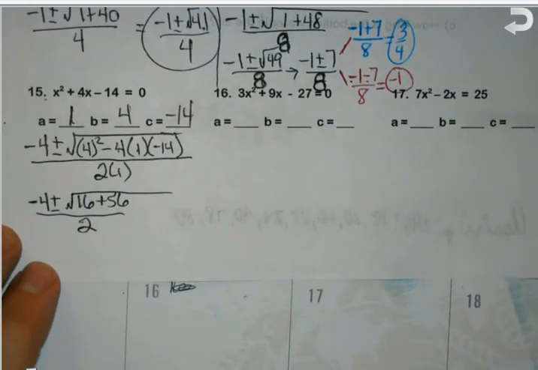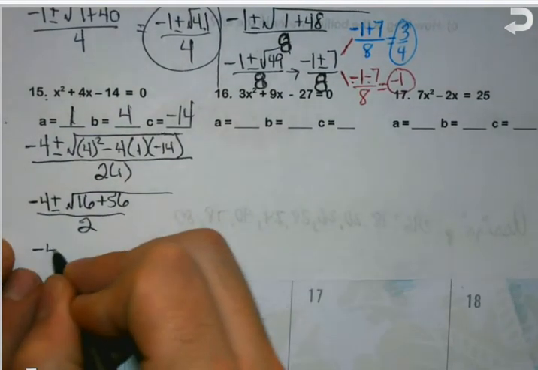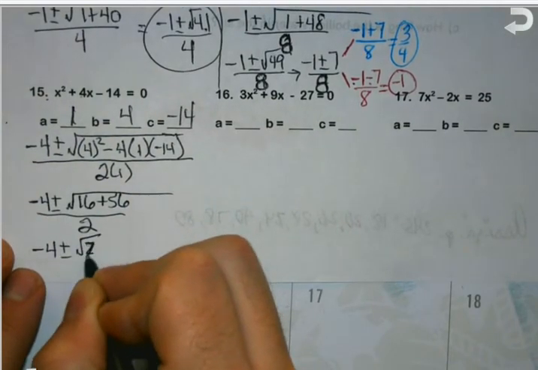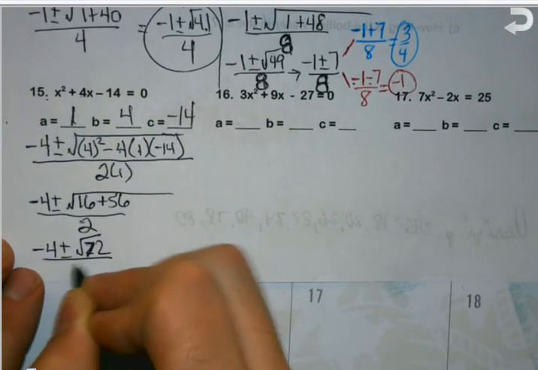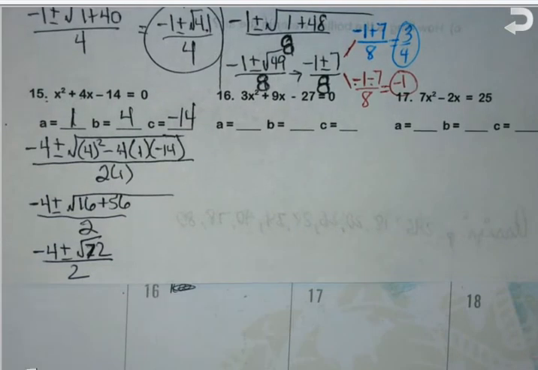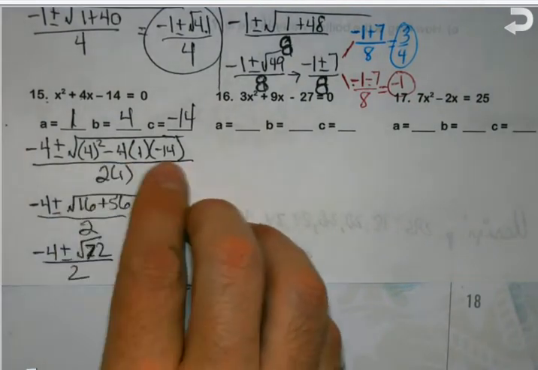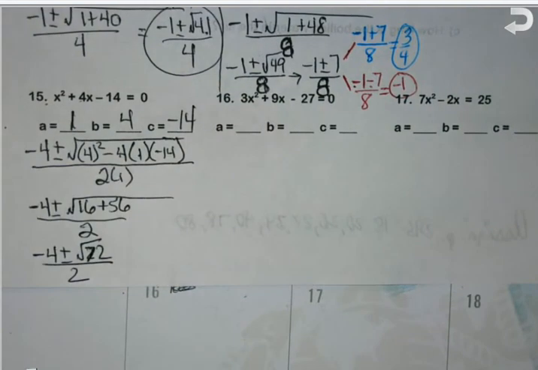So I'm slowly, just kind of taking my time here, cleaning this up. Oops, as in B squared. Then I've got to stop. 16 plus 56. I'm just multiplying out what's beneath my radical here to get that 72.